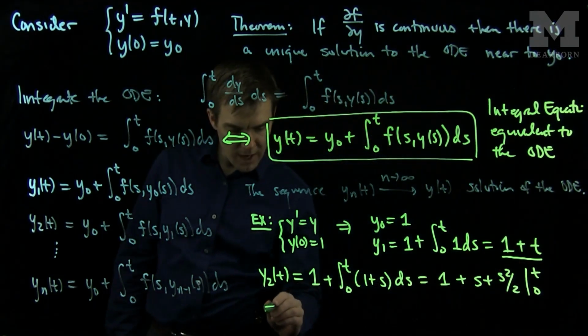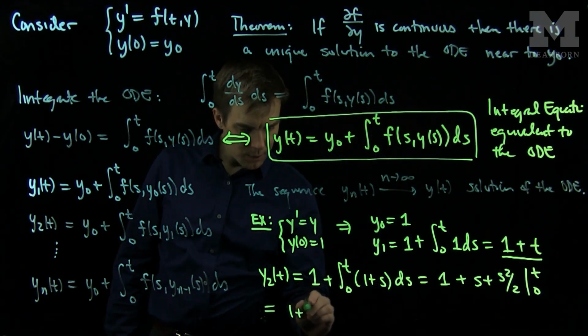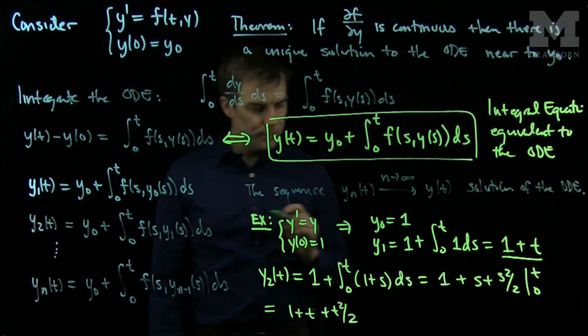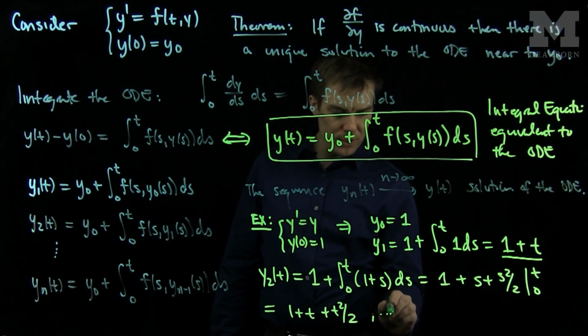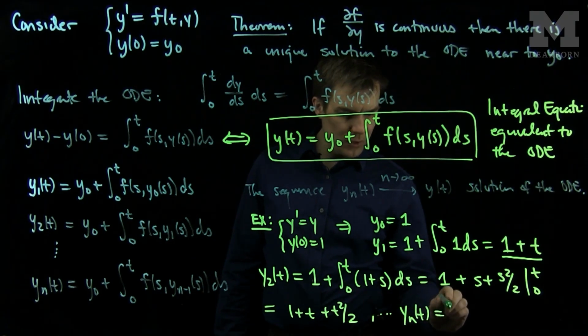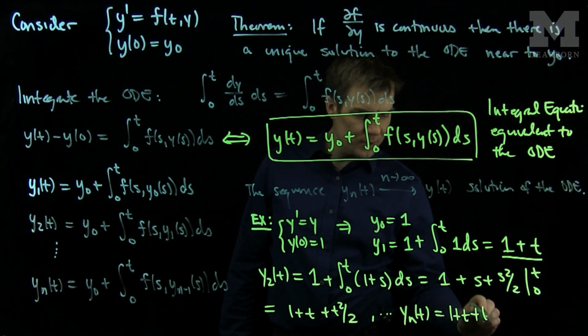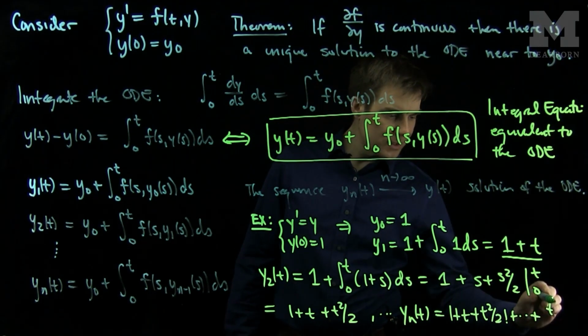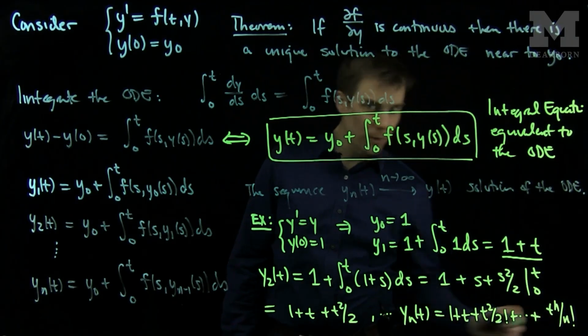And so we'll see that y2 is 1 plus t plus t squared over 2. And if we continue this procedure, we will see that yn of t is 1 plus t plus t squared over 2 factorial plus up to t to the n over n factorial.